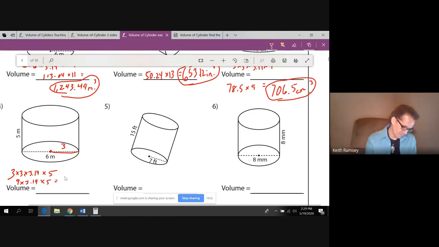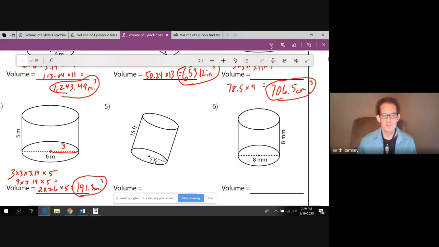Let's break that down. 9 times pi is 28.26 times 5 is going to equal a volume of 141.3 cubic meters for number 4.